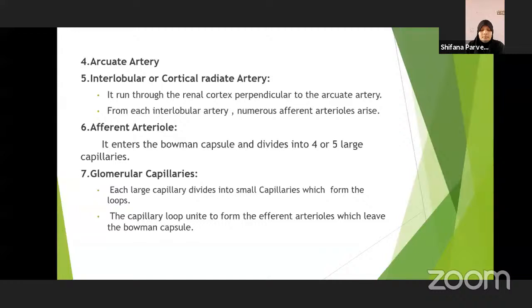From each interlobular artery, numerous afferent arterioles arise, which enter the Bowman capsule and divide into 4 or 5 large capillaries, called glomerular capillaries. Each large capillary divides into small capillaries which form loops. The capillary loops unite to form the efferent arterioles, which leave the Bowman capsule.